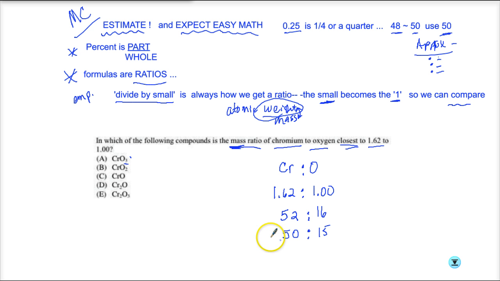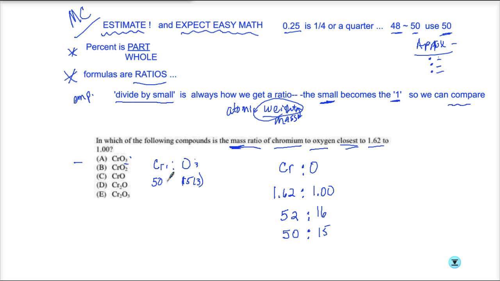And so literally I have to take these ratios and figure out if, in fact, the formula is CrO3, then what's this going to look like? Cr to O, and then this is going to be 3 of these, right? CrO3. So if I call my O 15, that's 3 of them. Chromium, I have 1 of it, and I'm calling it 50.